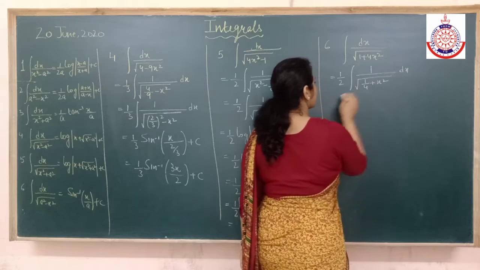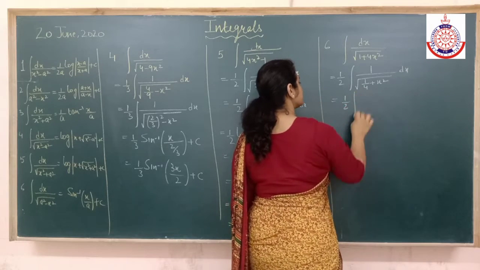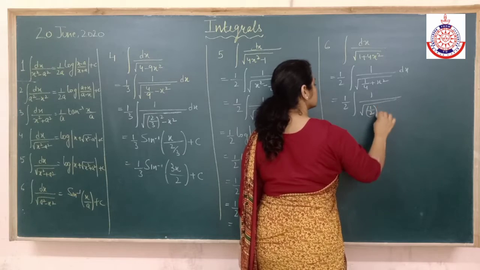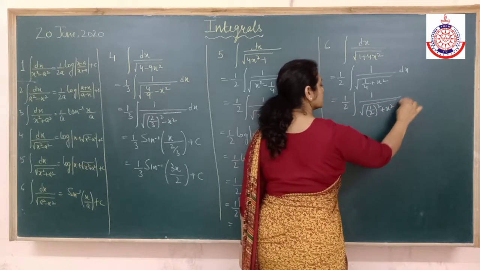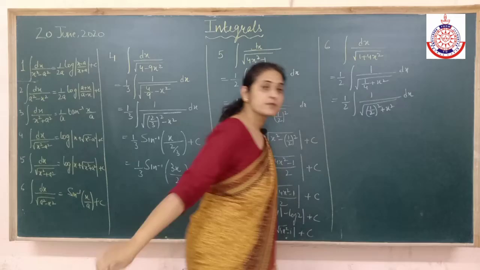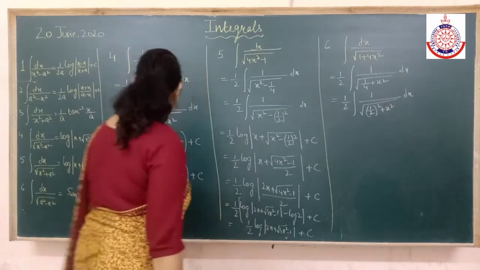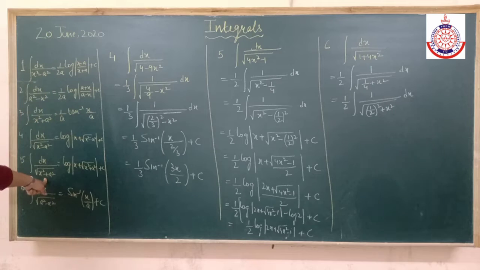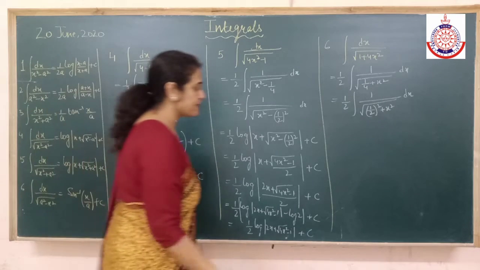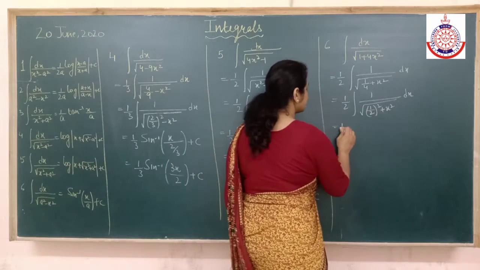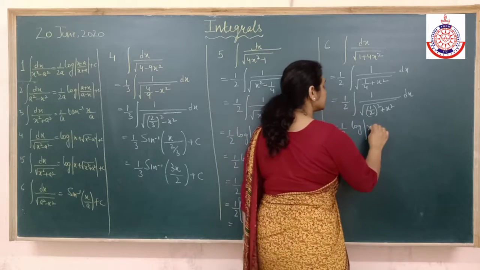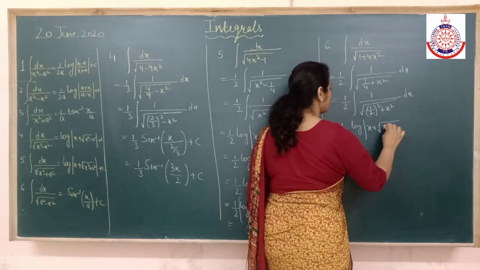And that is... Alright, so which formula? 1 upon under root a square plus x square, or I say x square plus a square, that's one and same thing, in addition doesn't matter. So I'll apply the formula, log of x plus under the root x square plus a square.